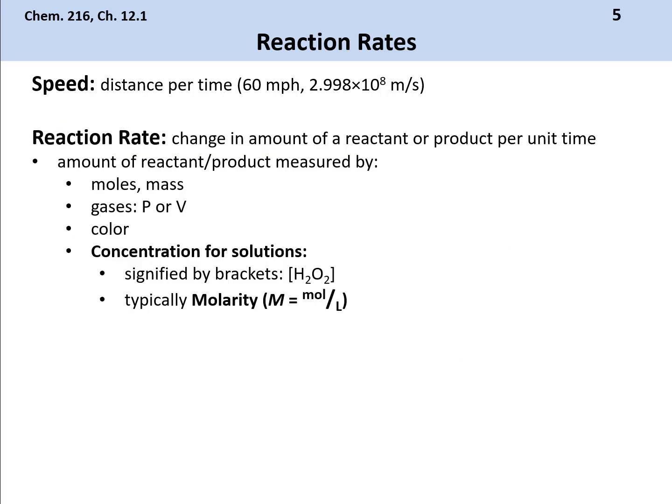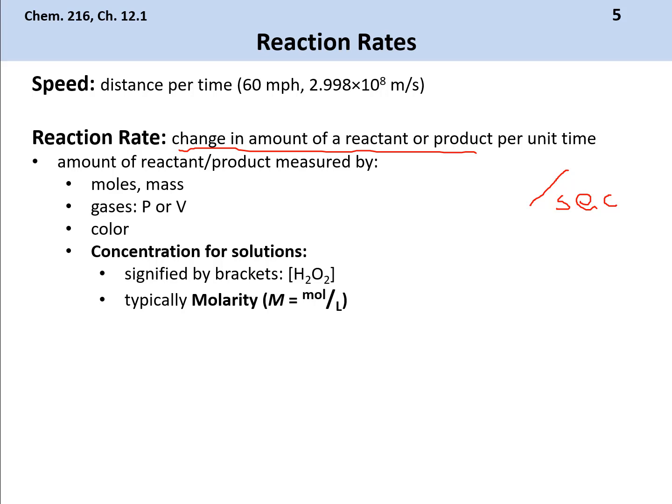Well, in this class, we're not going to talk about speed and distance per time. We're going to talk about them as reaction rates, which is change in the amount of a reactant or product, okay, per unit time. So per second or per minute.